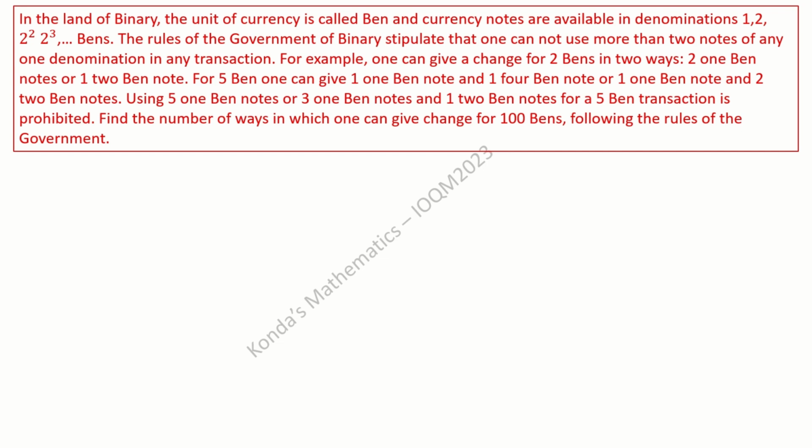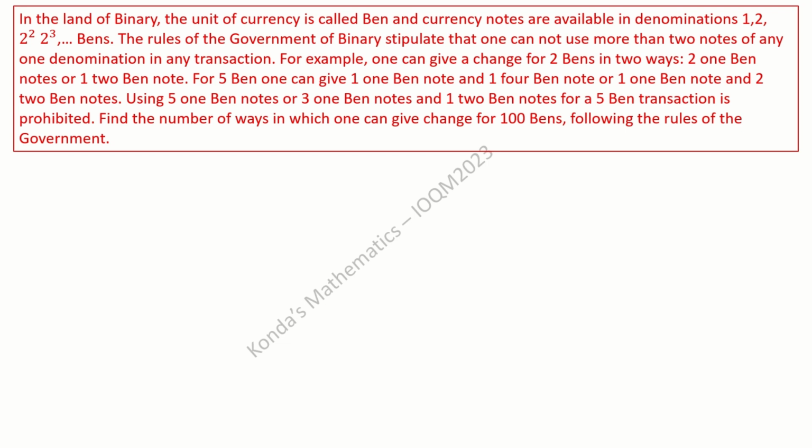For example, one can give change for two bens in two ways: two one-ben notes or one two-ben note. For five ben, one can give one one-ben note and one four-ben note, or one one-ben note and two two-ben notes.